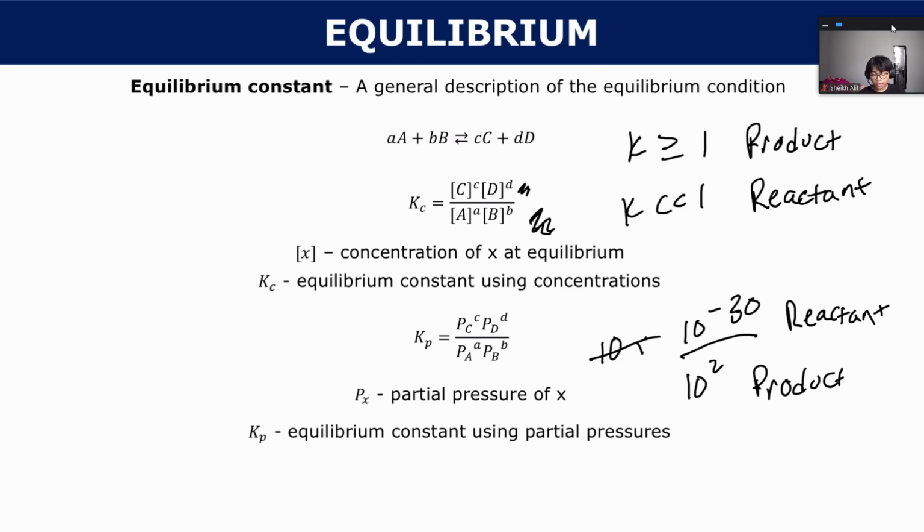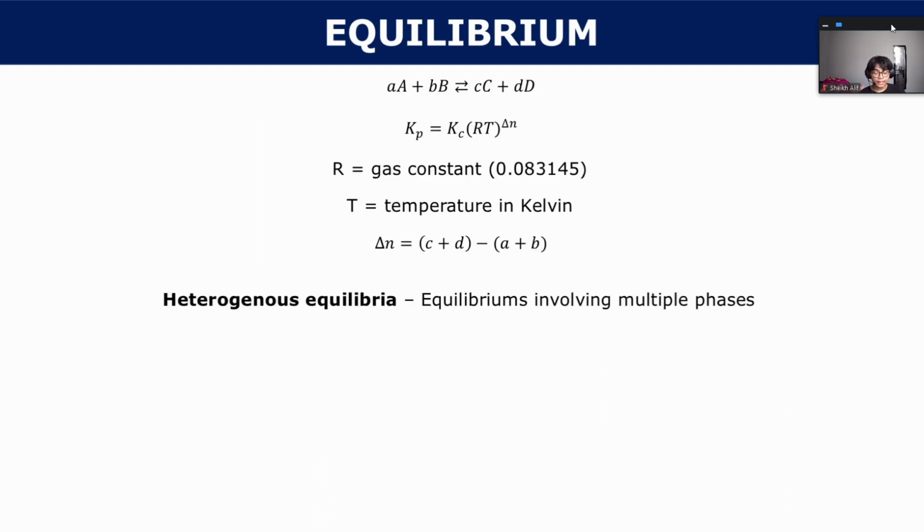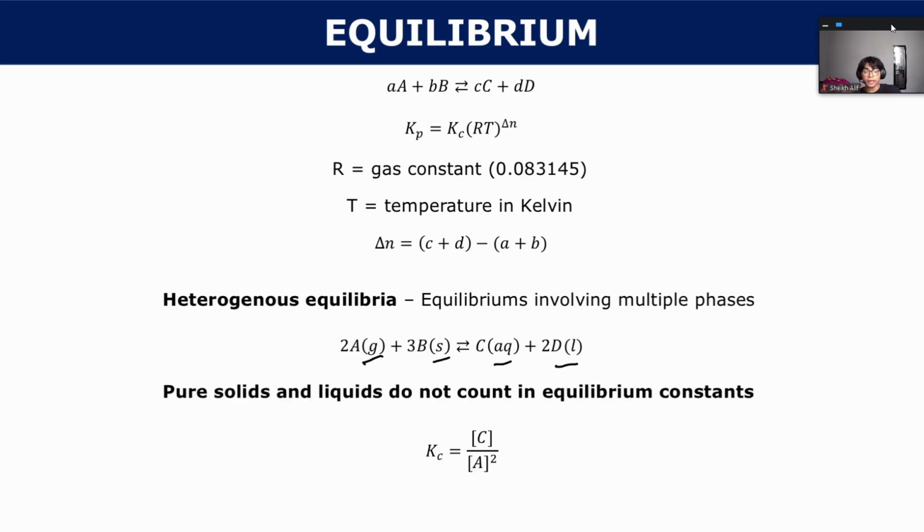Another thing about equilibrium is heterogeneous equilibrium. So these are equilibria involving multiple phases. So something like if A was in equilibrium with B, but you can see how it's a gas and it's a solid, and it produces an aqueous and a liquid. Well, in equilibrium constants, pure solids and liquids are not going to count.